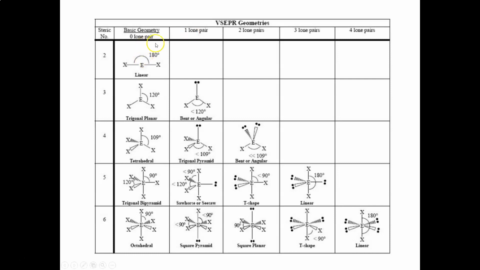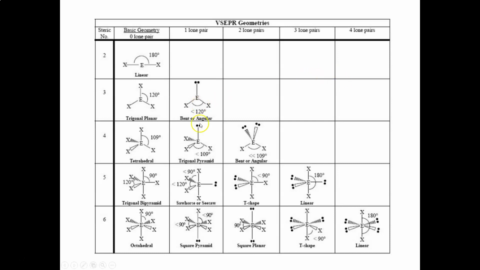Some people like this kind of chart setup where they can see, if I have no lone pairs, these are my options. If I have a lone pair, these are my options. If I have 2 lone pairs, these are my options. So it doesn't matter to me which one you think is more helpful. Do a homework and look at both, and by the end of a worksheet or 2, you'll probably notice you're gravitating towards one chart more than another.